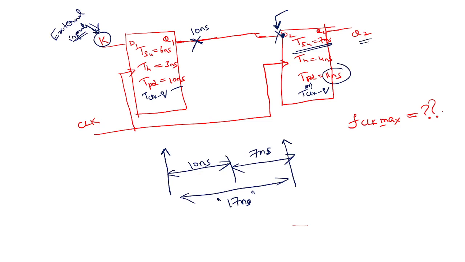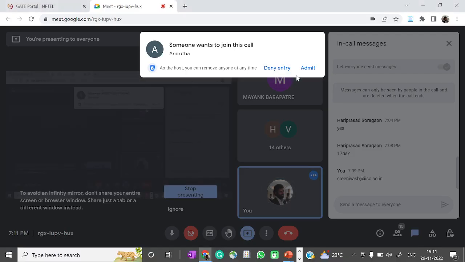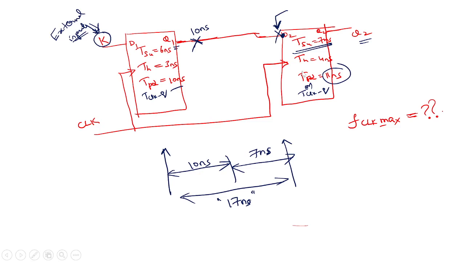That will be taken care of. Anyway, this Q1 we already talked about, 10 nanoseconds. So this is the minimum time that you need to give for the clock. This is clock to Q minimum. If you want to wait for more time, that's fine. But you cannot go below 17 nanoseconds. It should be above 17 nanoseconds.